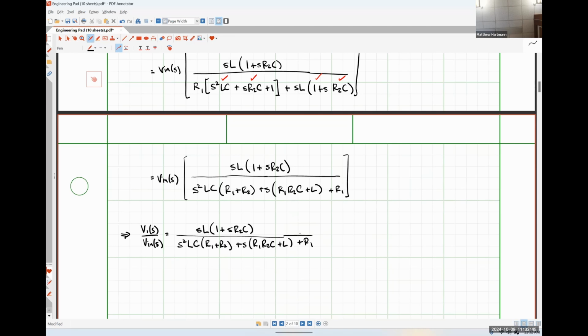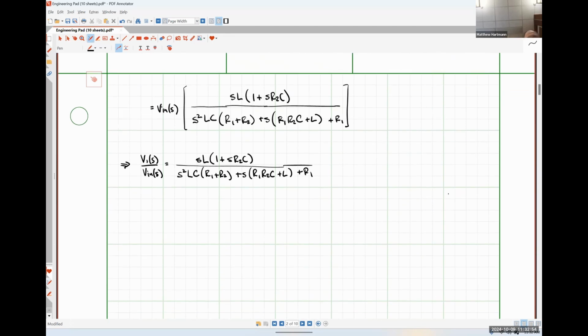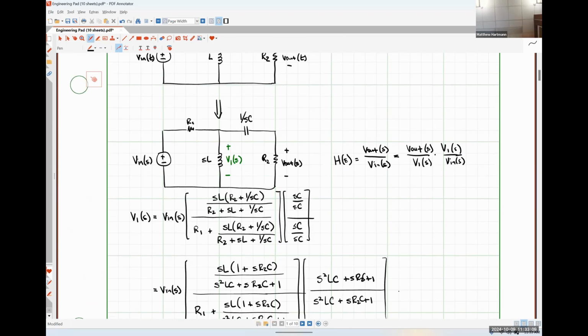So let's do something similar to figure out what our transfer function V out over V1 is going to be. So V out, let me move this down a smidge, as a function of S is going to be equal to V1 as a function of S multiplied by, so let's just go back up to our circuit here. So I think this should just be R2 over this series impedance, right?